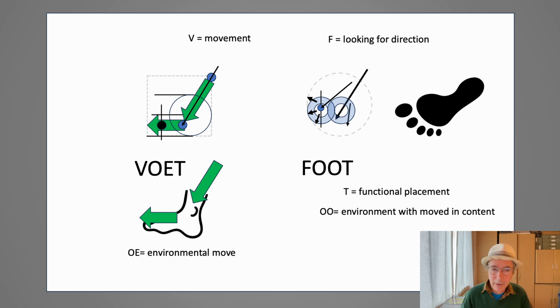Foot, for me, because of the vagueness of the direction, the F is much more vague of direction. There's a choice of direction, but these choices can be any direction. With this environment and the placement, it's almost more like an imprint of the foot that fits a bit more to it, because the O as double O is this environment in which a content had moved into, let's say.